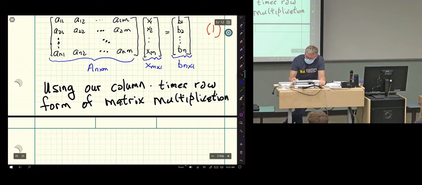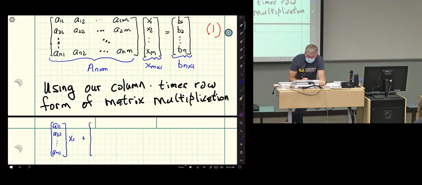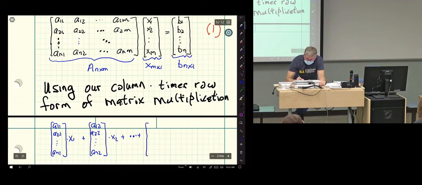Okay, so I'm going to write that down. So it's equal to A11, A21, dot, dot, dot, An1 times x1, plus second column, second row, A12, A22, dot, dot, dot, An2 times x2, plus dot, dot, dot, plus, up to the last column, A1m, A2m, dot, dot, dot, Anm.